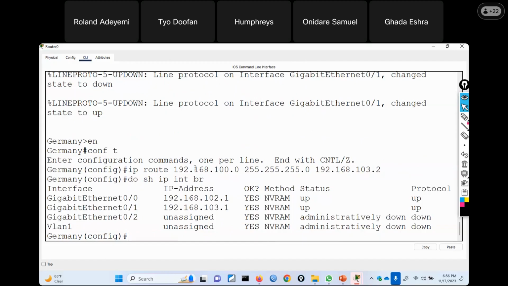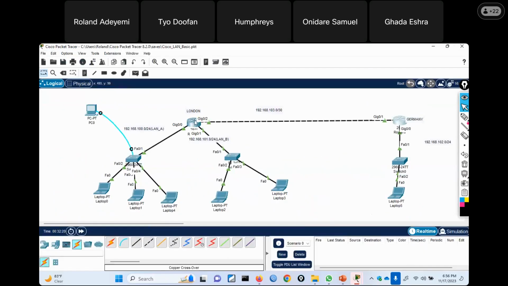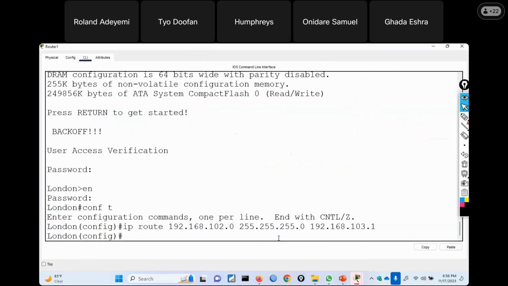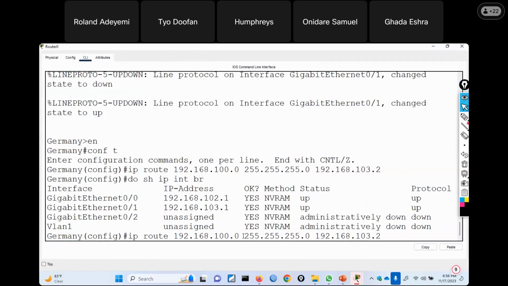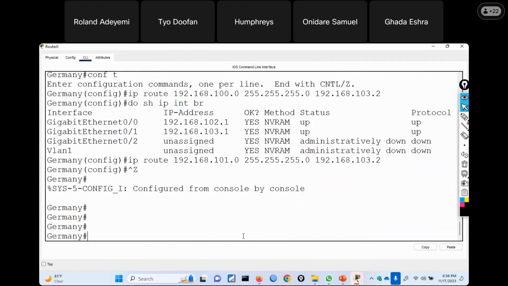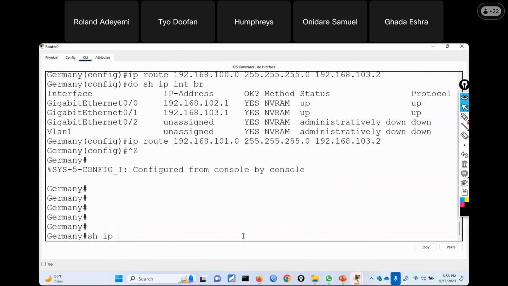So I am configuring to be able to reach 100.0. But mind you, we also have another network, which is 101.0. We can configure for the two networks so that we can reach both networks from Germany. Let me do the second one too. 101.0. I'll just edit my first command and hit enter. So for my routing table, we'll see that we have show IP route static.